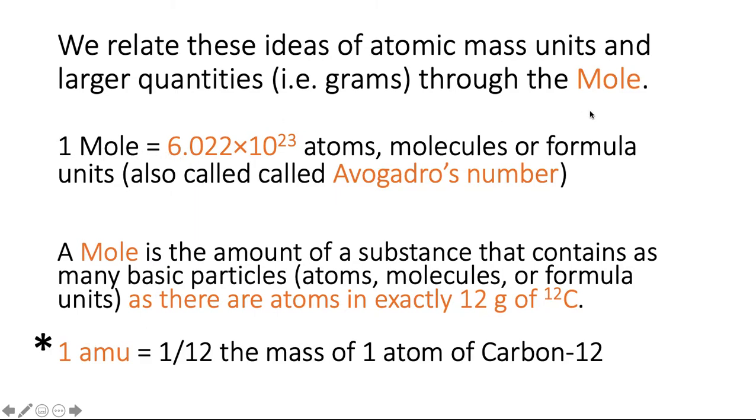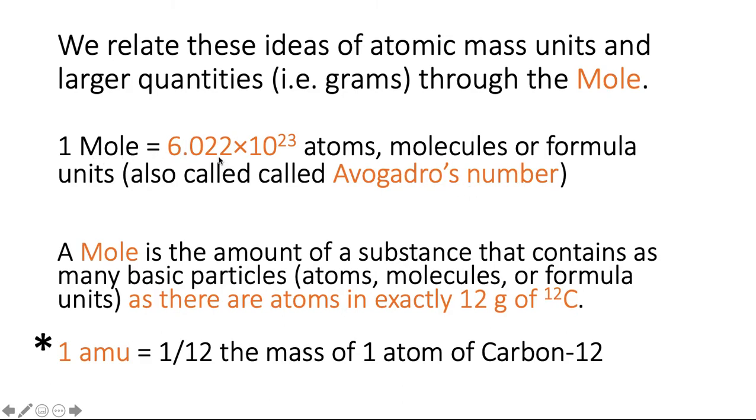It's a unit of measurement. 1 mole is defined as equal to 6.022 times 10 to the 23rd atoms or molecules or formula units, meaning ions or whatever. This is also called Avogadro's number.